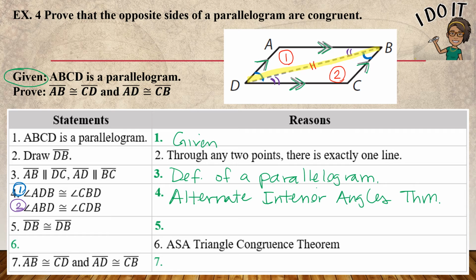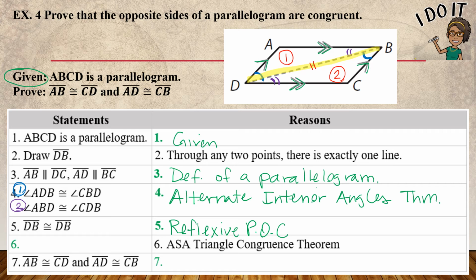So if I have two figures that have a part in common, then the reason this segment DB is congruent to itself is by the reflexive property of congruency. Both triangle 1 and 2 share DB.